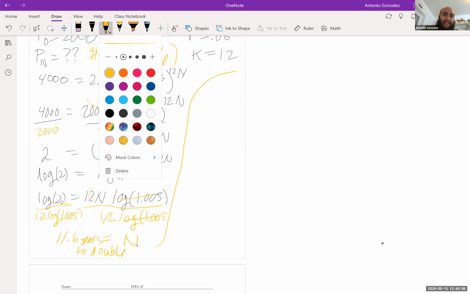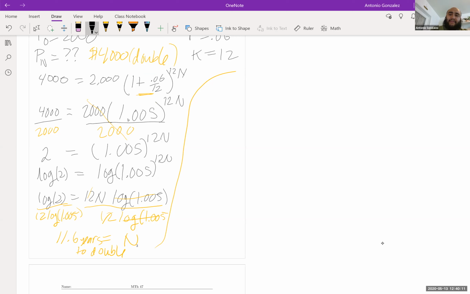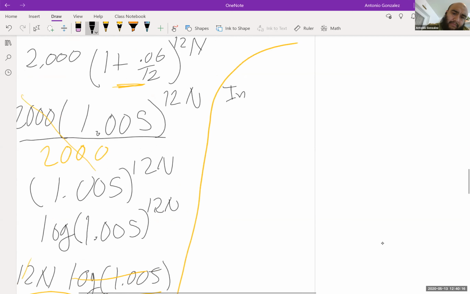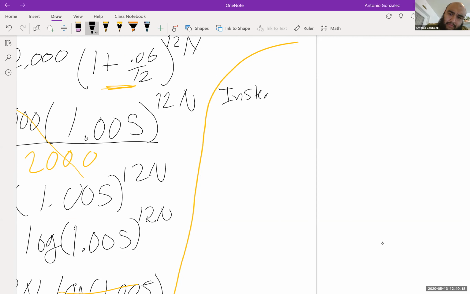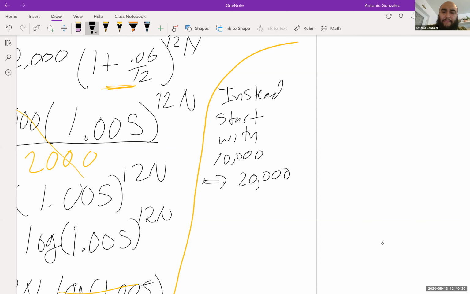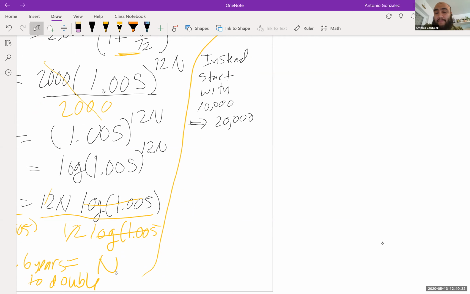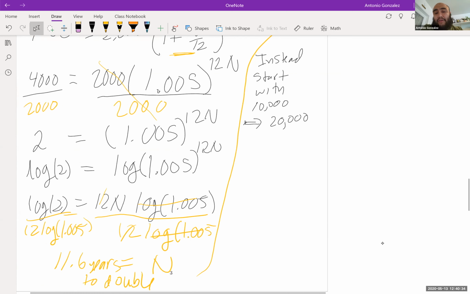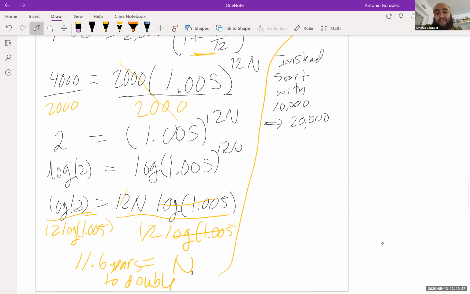So let's say that instead, we start with $10,000 and you want to get to $20,000, or in other words, double, with the same other parameters, 6% interest, monthly. Correct, Archie, it would not change.